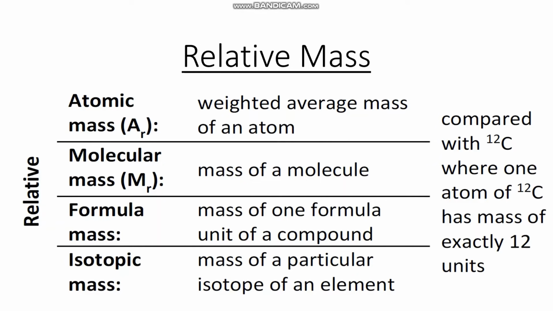Relative formula mass is the mass of one formula unit of a compound compared with carbon-12, where one atom of carbon-12 has mass of exactly 12 units. Relative isotopic mass is the mass of a particular isotope of an element compared with carbon-12, where one atom of carbon-12 has mass of exactly 12 units.